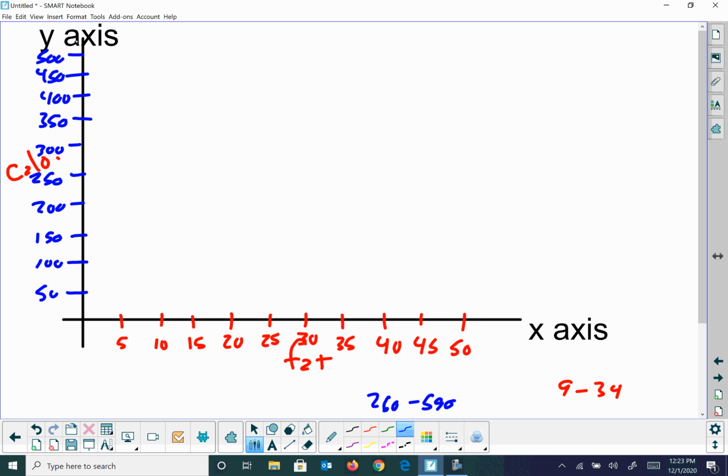Oh, looks like 550 is way up here. Then I guess we could expand it a little bit. Way up here, we're at 600.